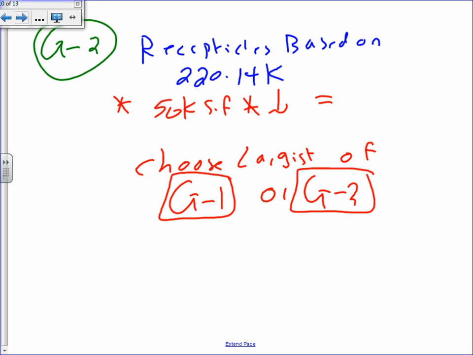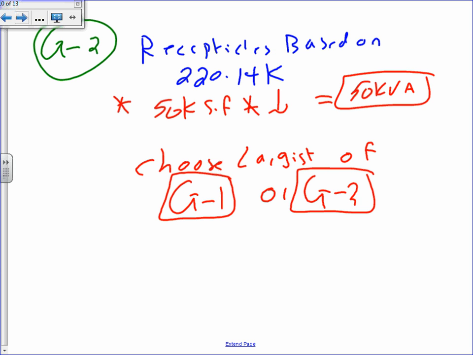That will get you a healthy 50 kVA. Then you have to choose the largest of G1 or G2, which is basically the code or the actual.